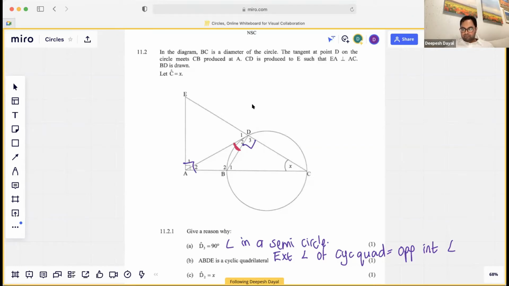And they did tell us in the question that AD is the tangent at point D. So it's a tangent, right? We've got a tangent there, AD.